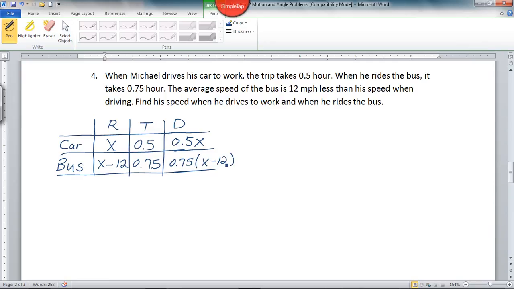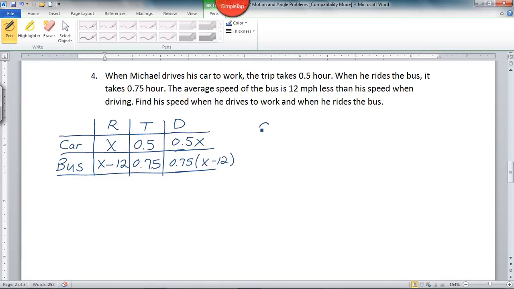Let's do it this way right here. Okay? All right. Now, how are we going to set those up as an equation? Well, he's driving his car to work or he's riding the bus to work. Both cases, going from home to work.